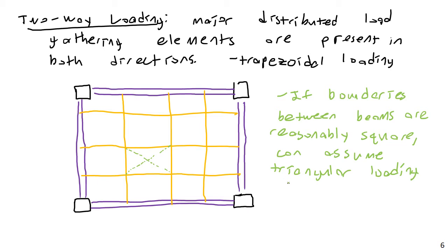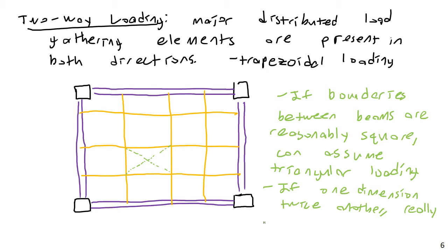I would say if the length is maybe twice the width, that's when you need to consider trapezoidal loadings. If one dimension is more than twice another, you really need to consider them.